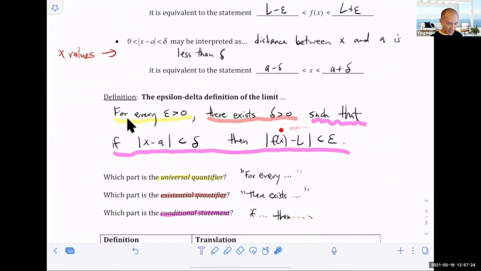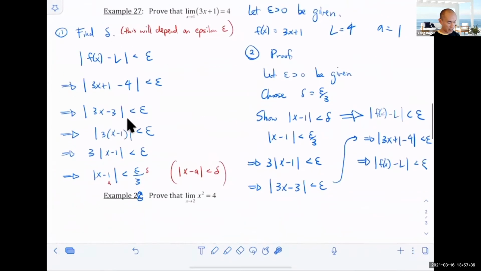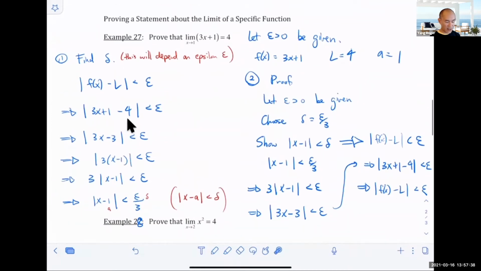We started with this tail part over here, and then we worked backwards and ended up over here. And then whatever was on the right-hand side, we would call that delta. That's what happened with this guy. Writing the proof, all the hard part is number 1. Writing the proof is just writing the steps you did earlier in reverse. So the linear case is very straightforward.